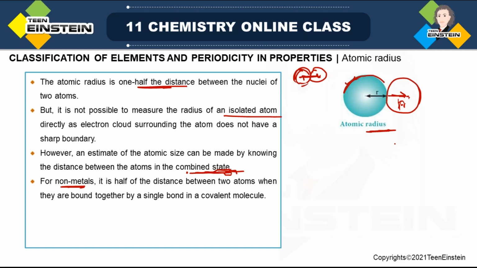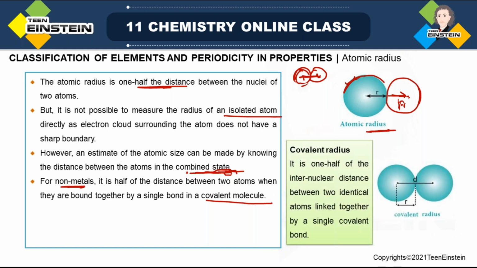So for non-metals, it is half the distance between two atoms when they are bound together by a single bond in a covalent molecule. So it has to be a covalent molecule, it has to be a single bond, then the definition is applicable. Now you can see we have taken two atoms and you are joining these two nuclei. The distance is d, but r is basically half of d.